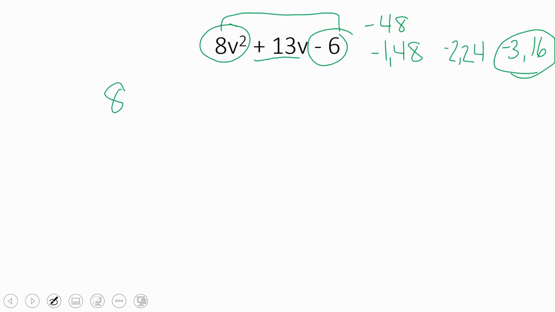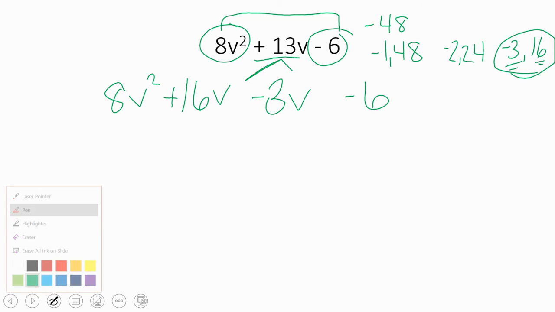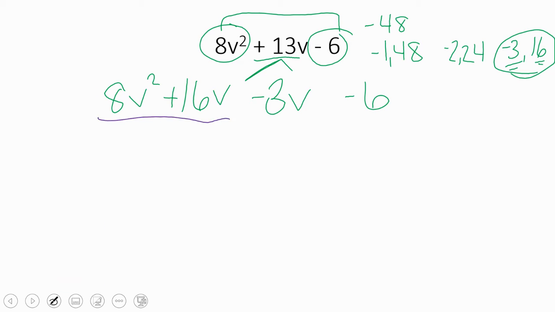So I have 8v squared minus 6. And then I can break these up into 16v and minus 3v. Getting that from here. Okay. So now, in first terms, I can divide those both by 8v. So that's just left with v.